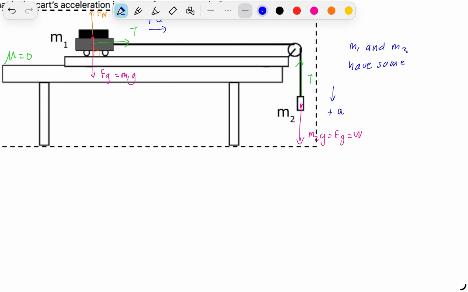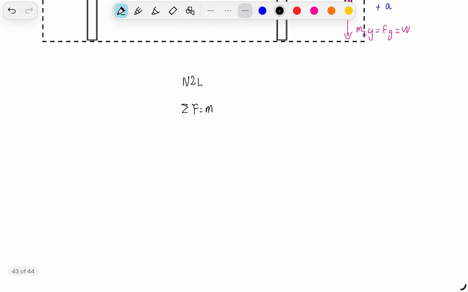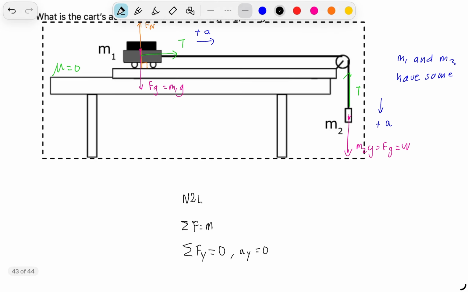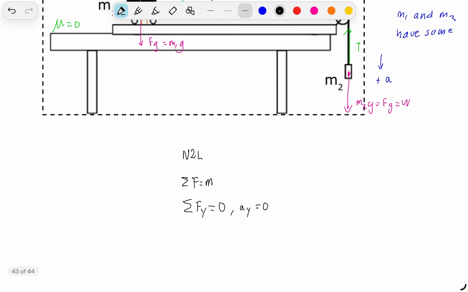What you also know is that we can apply Newton's second law to M1. So you have that the summation of your forces is equal to the mass times acceleration. For M1, we can do our vertical direction first. We know that in the vertical direction, M1 is not accelerating, so the acceleration in the vertical direction is 0. We also know this because the object is only moving in the horizontal direction. It's going to the right, not going through the table or flying above the table.